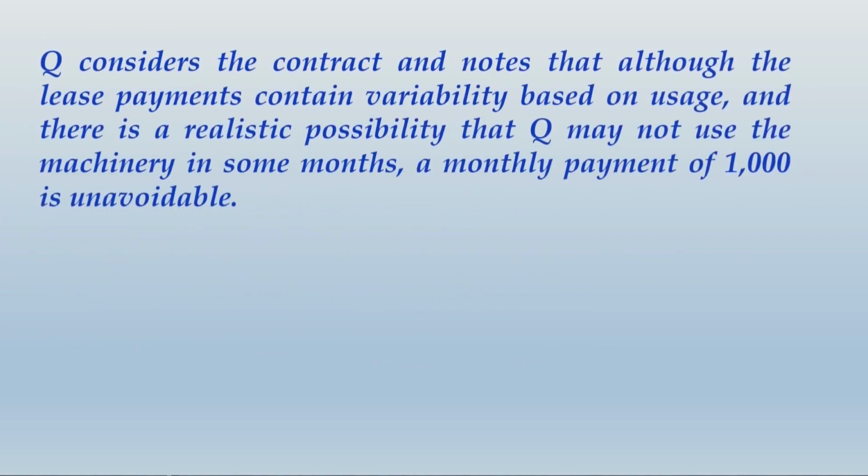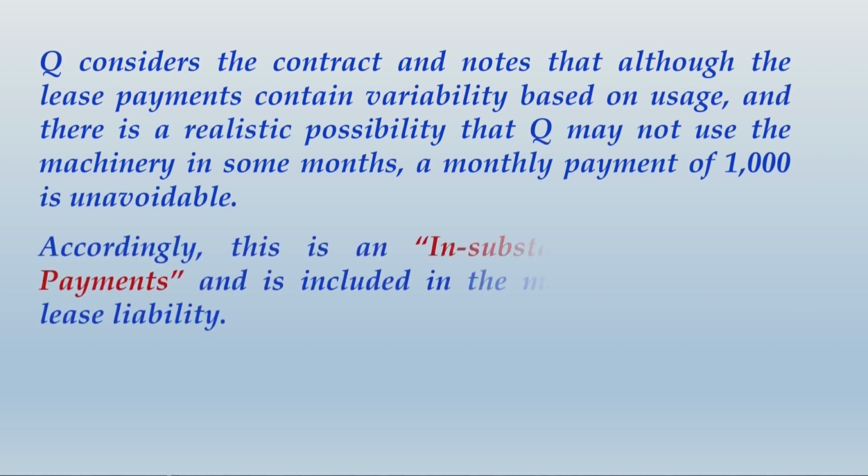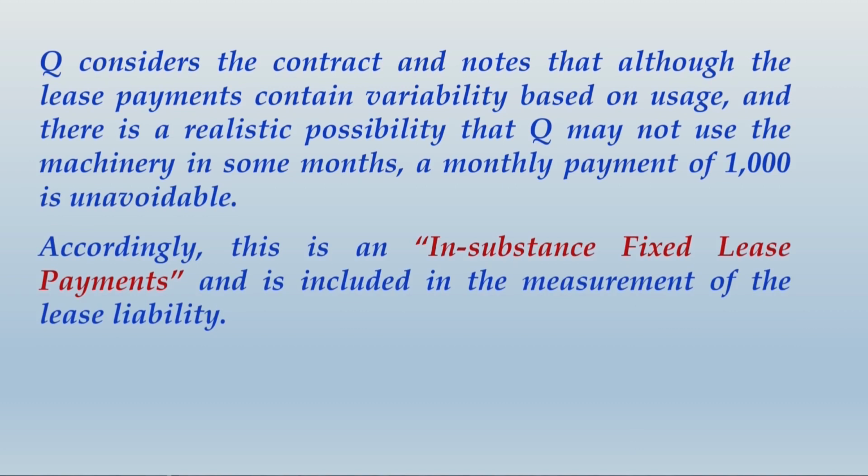Q considers the contract and notes that although the lease payments contain variability based on usage and there is a realistic possibility that Q may not use the machinery in some months, a monthly payment of 1000 is unavoidable. Accordingly, this is an in substance fixed lease payment and is included in the measurement of lease liability. So friends, quickly note down this answer and then we shall move ahead and solve more questions.